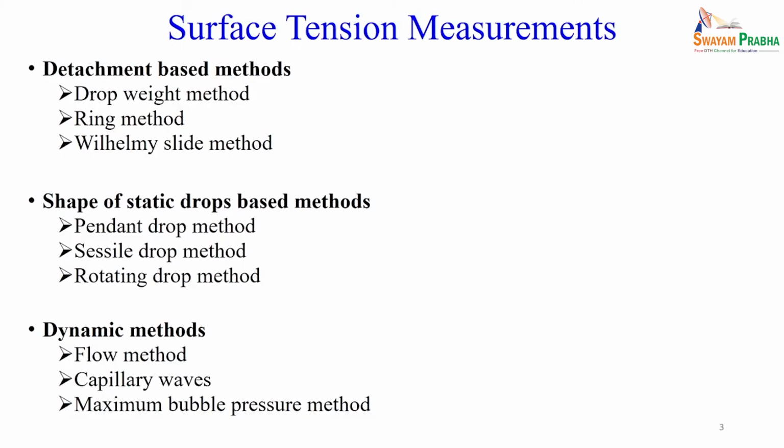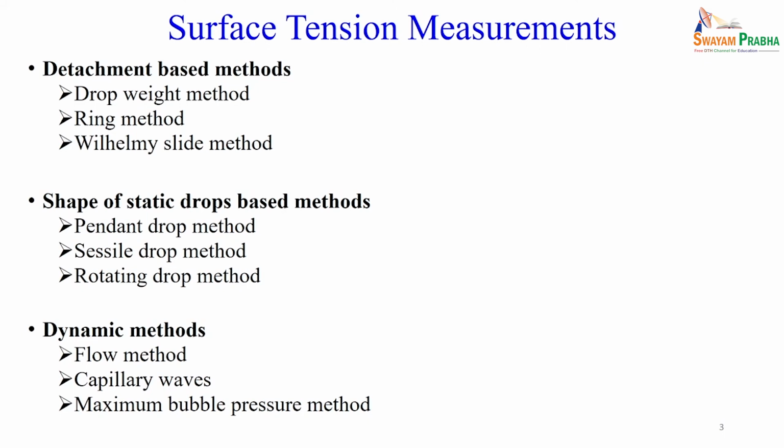That is the theory, but today we will discuss experimentally how we can measure the surface tension or interfacial tension. There are different methods like the detachment method, the shape of liquid drop method or the dynamic method. We will discuss what different experimental methods are available to determine the surface tension or interfacial tension.